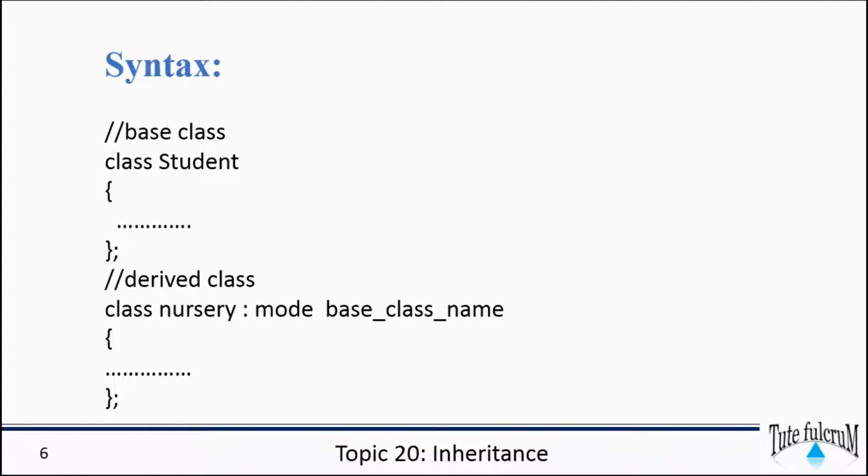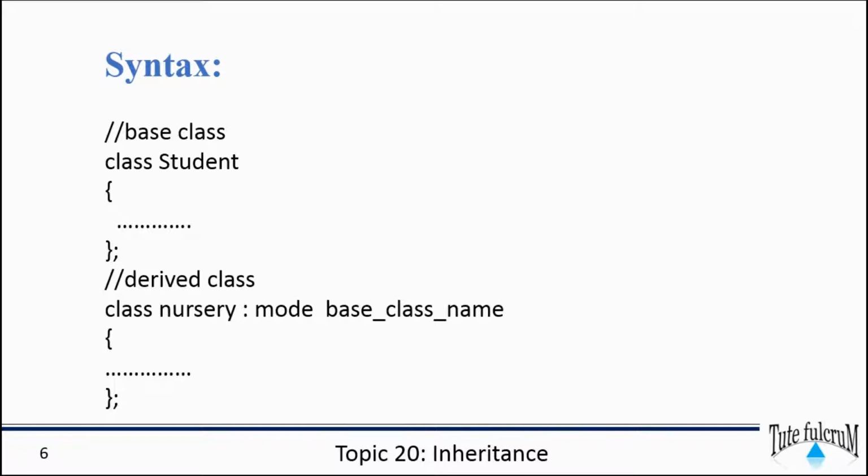They are private, public and protected. After specifying the mode, you will have to specify the base class name. Tell from which parent class you are inheriting the child class. In this case, it will be student. So you'll have to mention it like class nursery, and if the mode is public, say public followed by student.